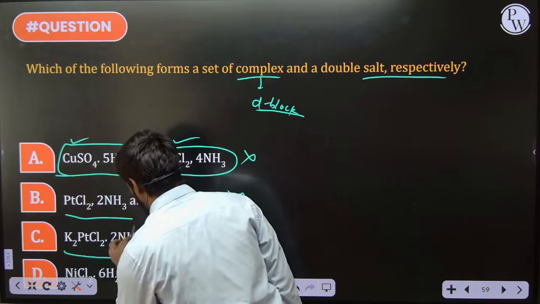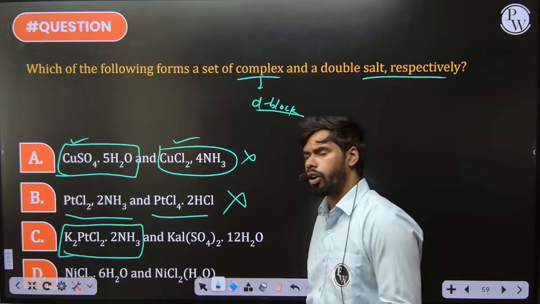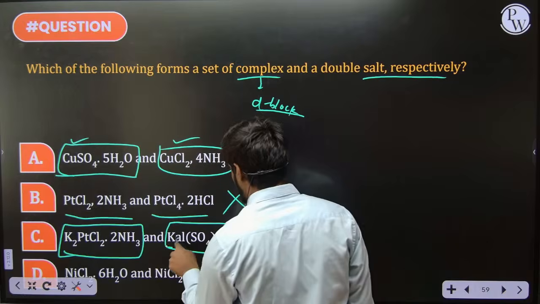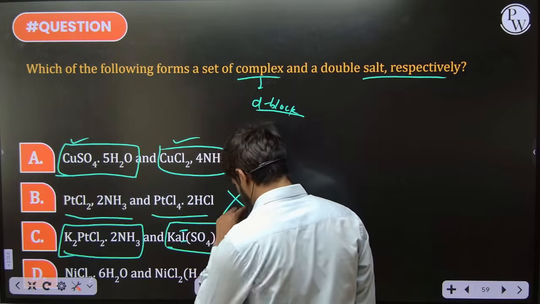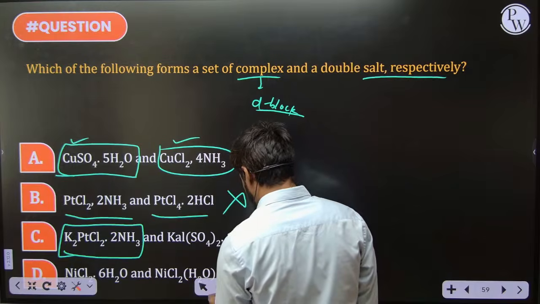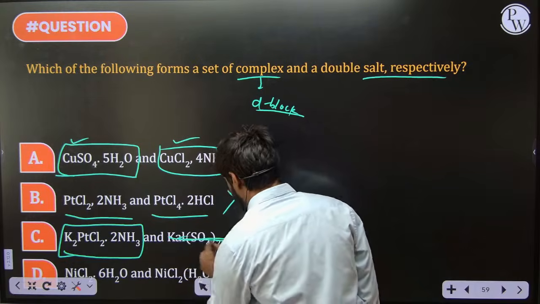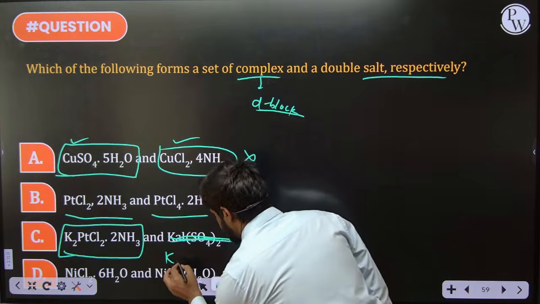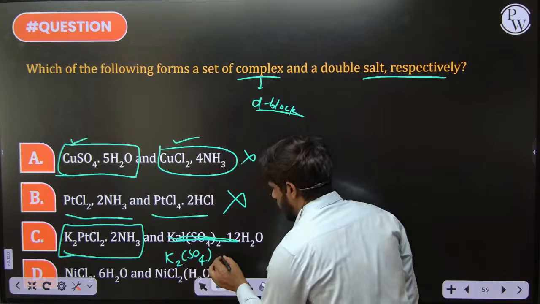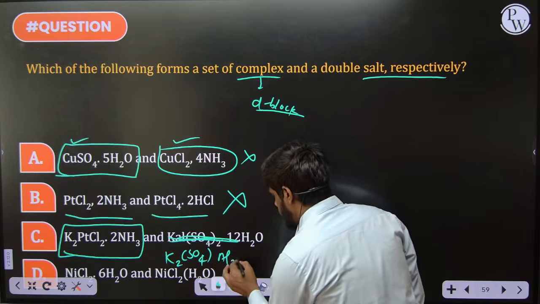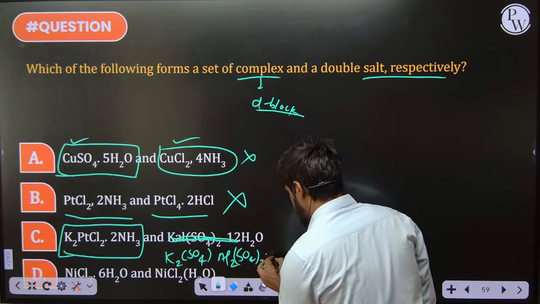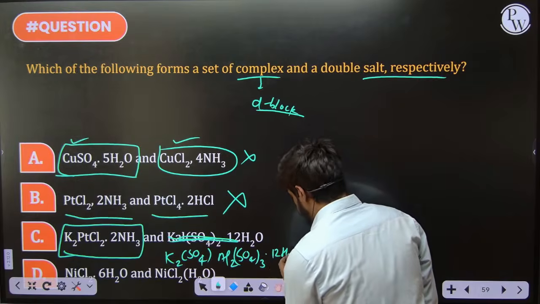Next is this one. This platinum can form a complex, and the other given is K2SO4·Al2(SO4)3, so this complex is given as a typo error.